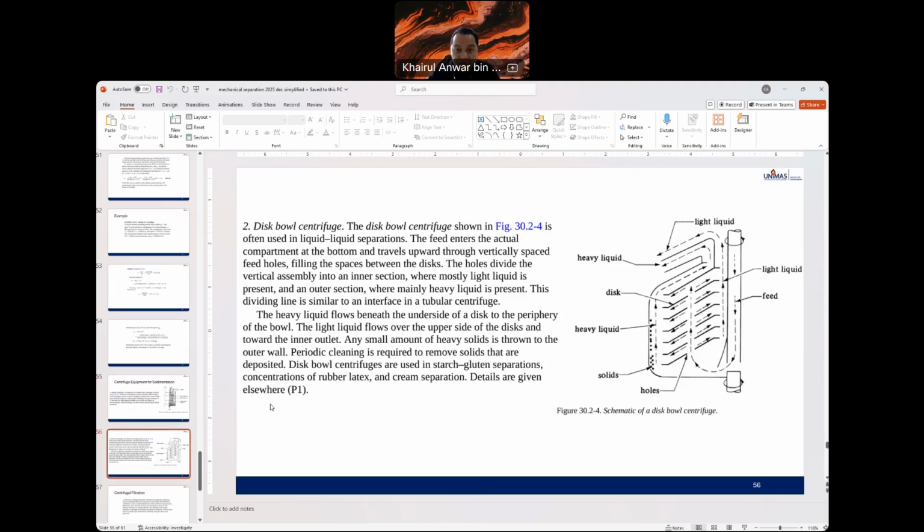This bowl centrifuge, the one in figure 30.2-4, is used in liquid separation. The feed enters the actual compartment at the bottom and travels upward through a vertical space.